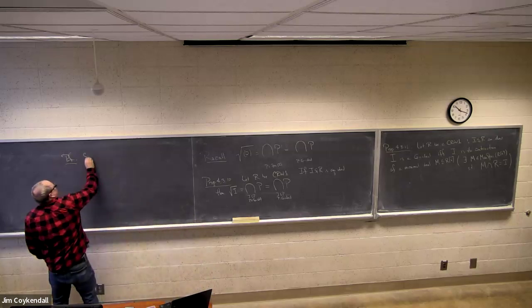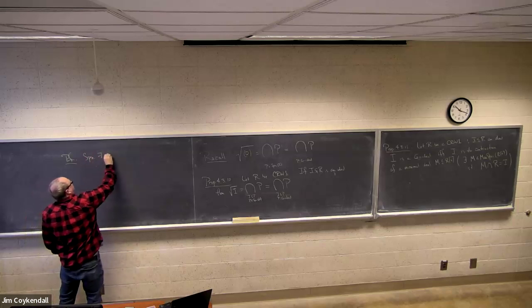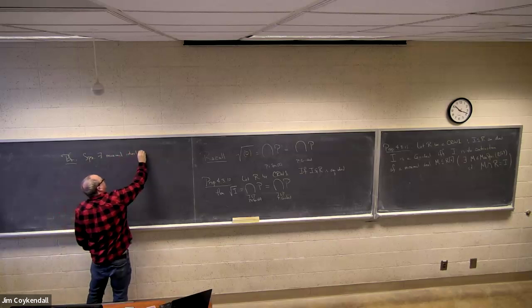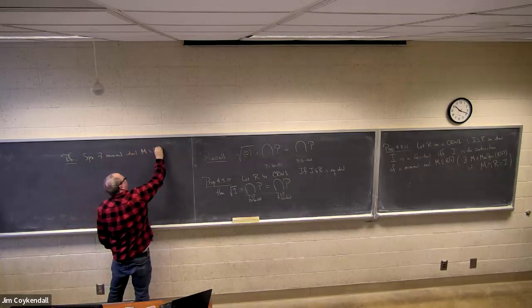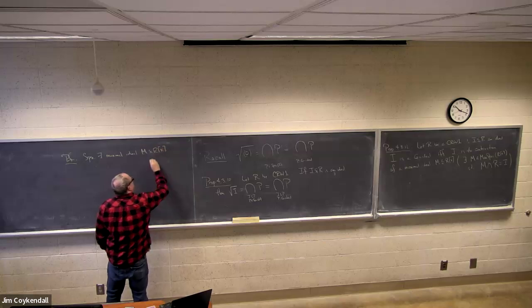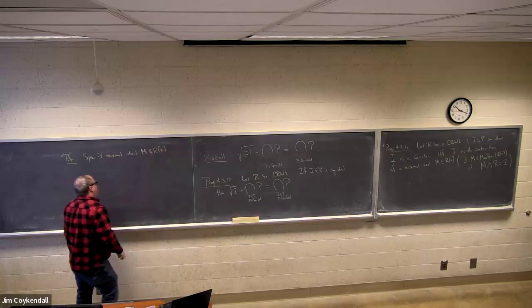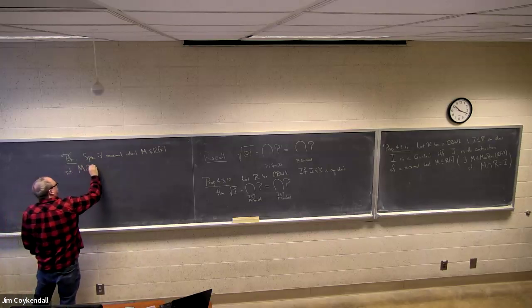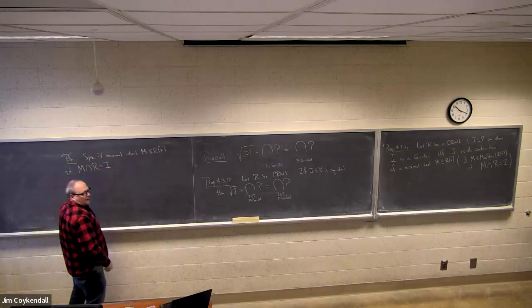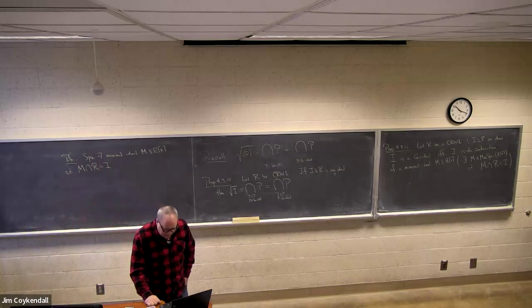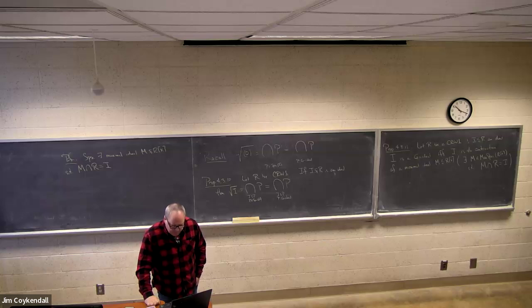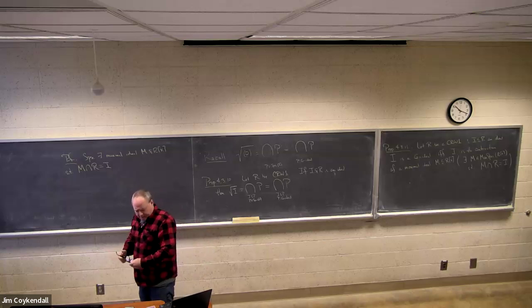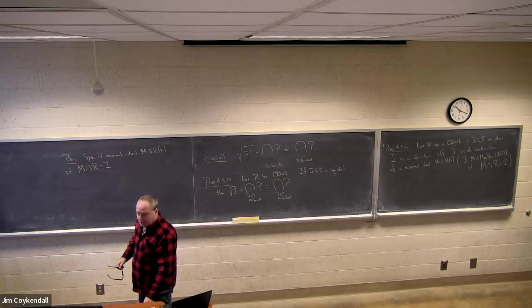Suppose there exists a maximal ideal M in R[x] such that M contracts to I. So what we want to do, of course, is show that I is a G-ideal.